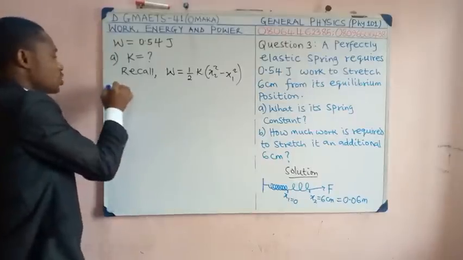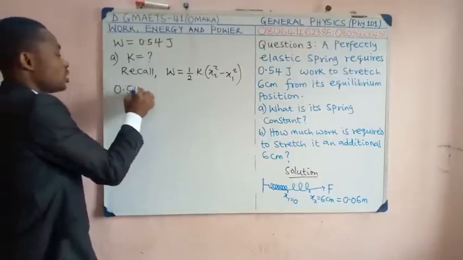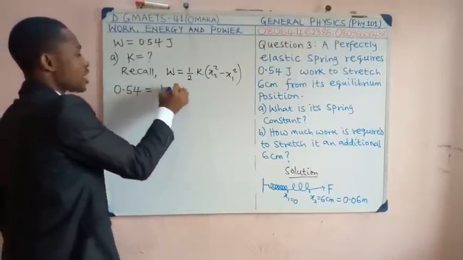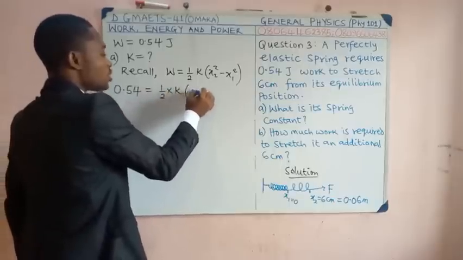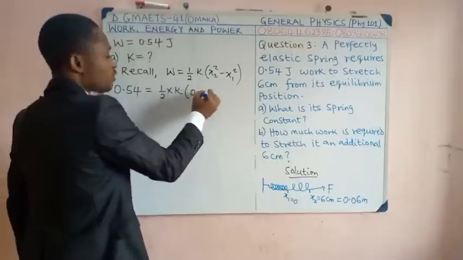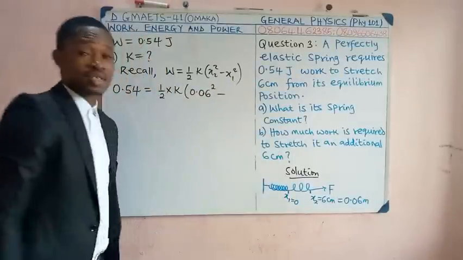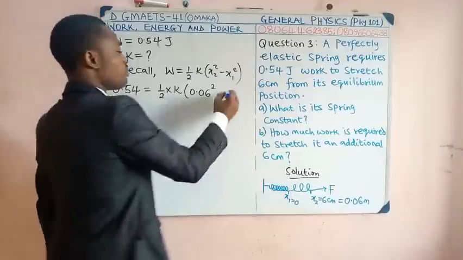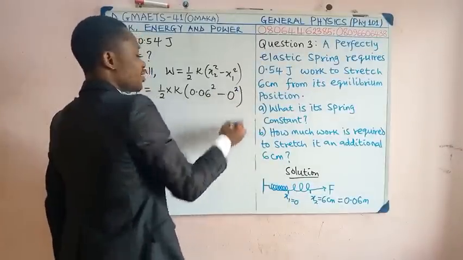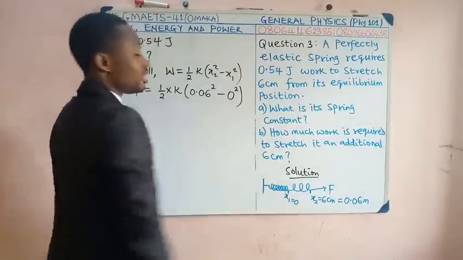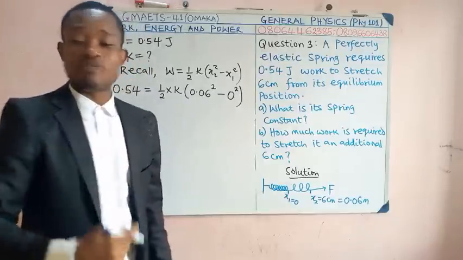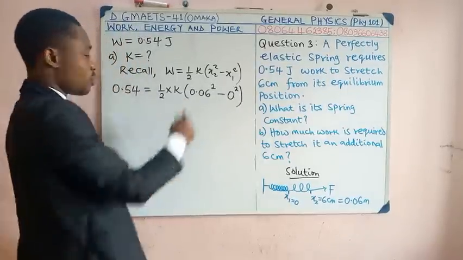So we substitute: 0.54 equals 1/2 times k, which we do not know, times 0.06, the value of x2, squared, minus x1, which is 0. No need to bother ourselves, but I'll include it in case the initial position is given as a value which is not 0. Then you have to replace it there.